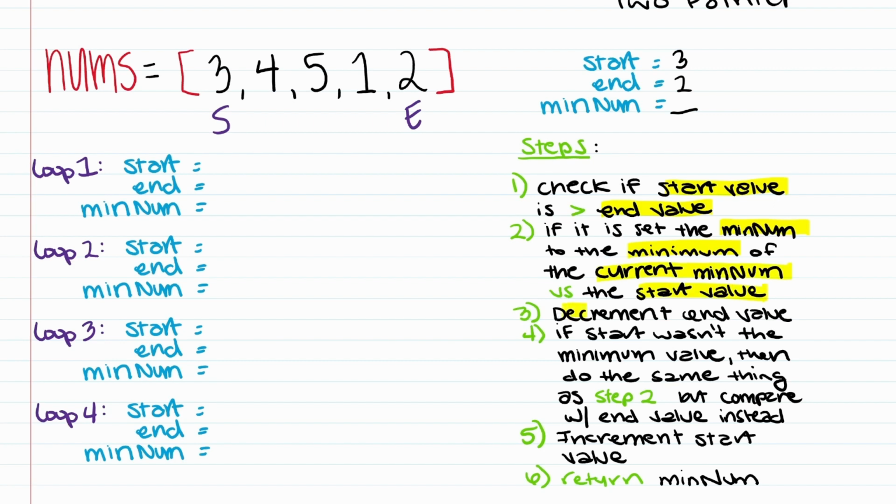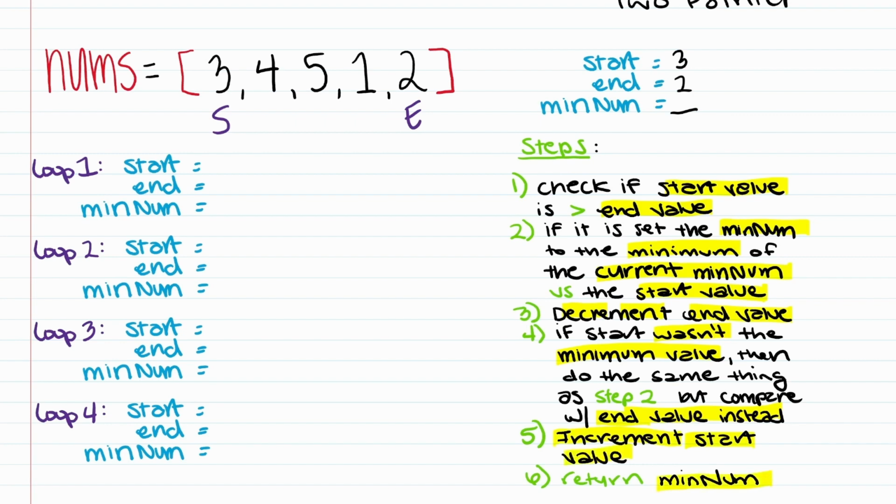Step 3, we're then going to decrement the end value. Our else statement is, if start wasn't the minimum value, then do the same thing as step 2, but compare with the end value instead. Then, if that's what happened, we're going to increment the start value. And then at the end, we're just going to return min num.